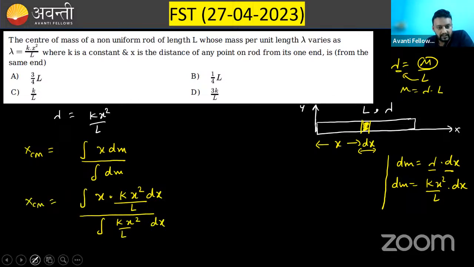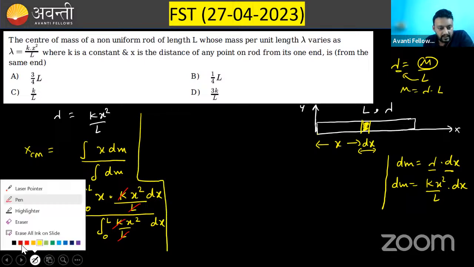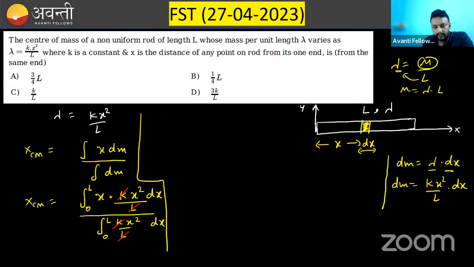Now you can cancel out a few things. Constants you can cancel. K can be cancelled with K. L can be cancelled with L. The limits of the integration will be, as you are taught, 0 to L. It might be a little bit difficult for you, but I don't think so.